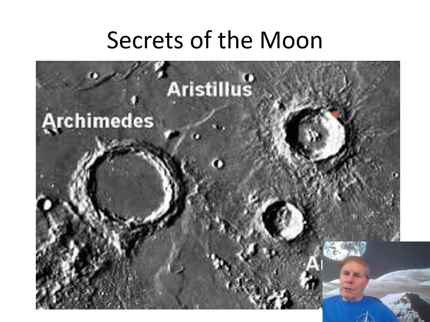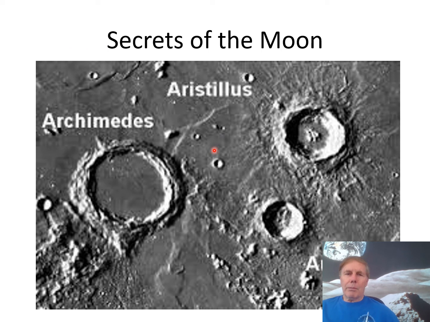Let's look at Aristillus first. The question is, which one of these craters formed first, and what was the general sequence of events in this whole area here? And what we can actually see is 3 things. We can see the crater walls in both Archimedes and Aristillus, and we can see this general level area here, smooth area here.